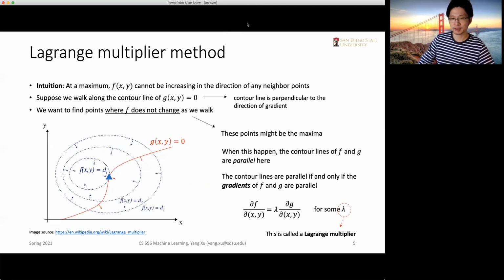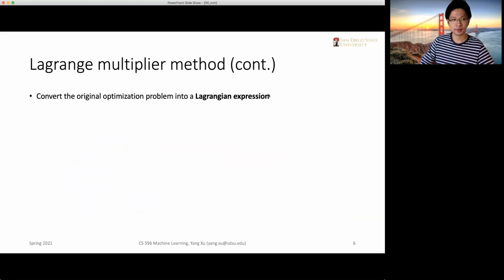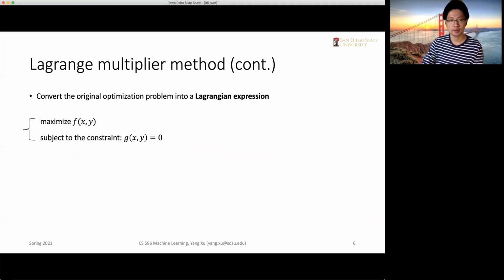So this lambda is something we call a Lagrange multiplier. We can now convert the original optimization problem into the Lagrangian expression. The Lagrangian expression is something like this.